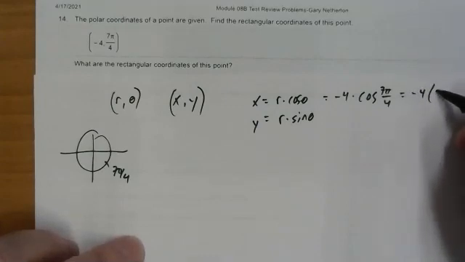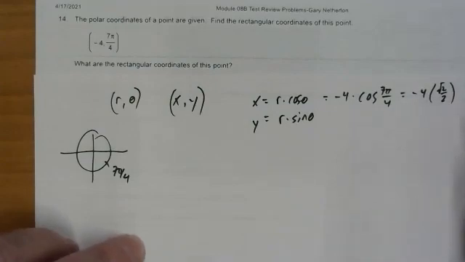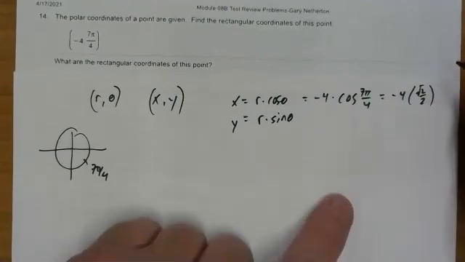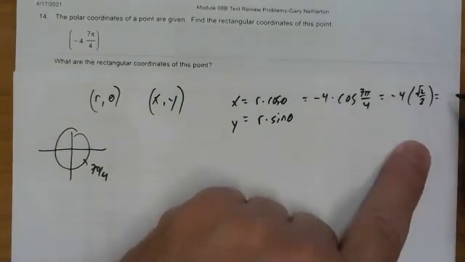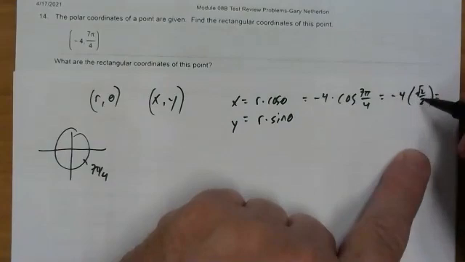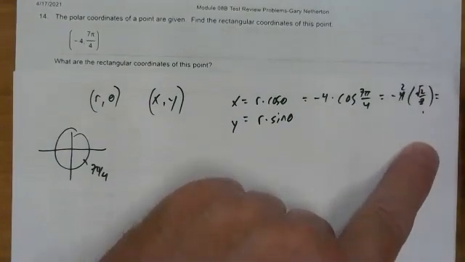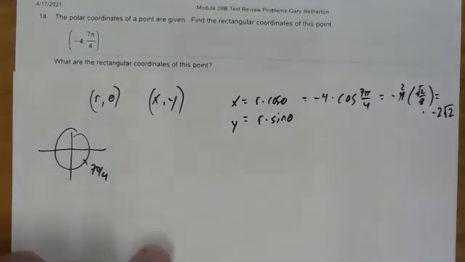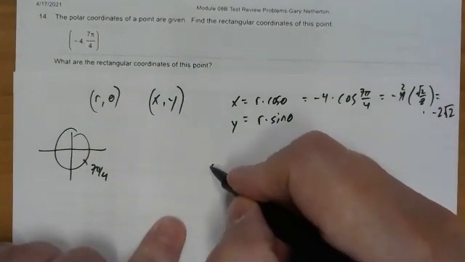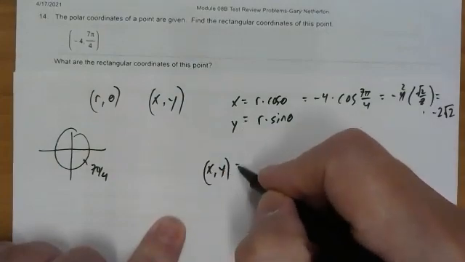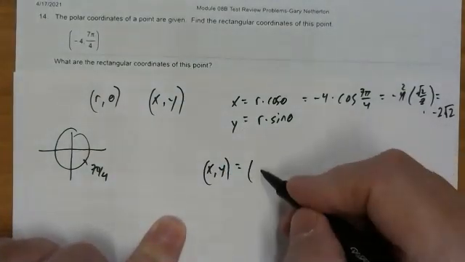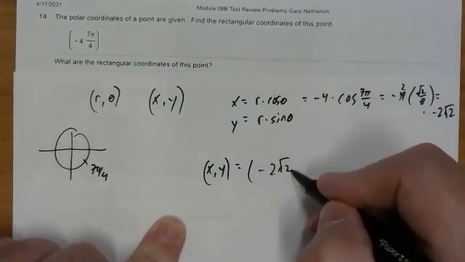So -4 times square root of 2 over 2. Unfortunately, I'm running out of room here, so if I can squeeze it in. Well, the 4 and the 2 reduce down to 2 over 1. So it's actually going to be -2 square root of 2. So the x is -2 square root of 2.